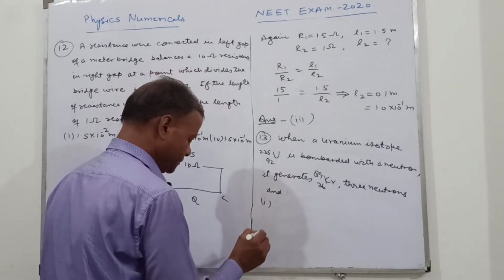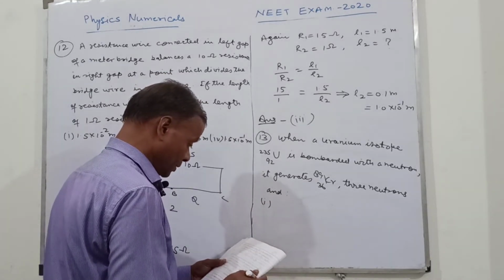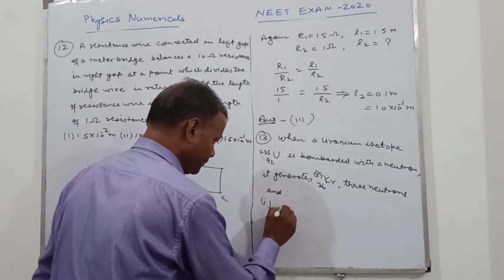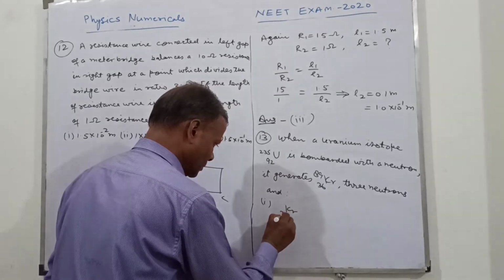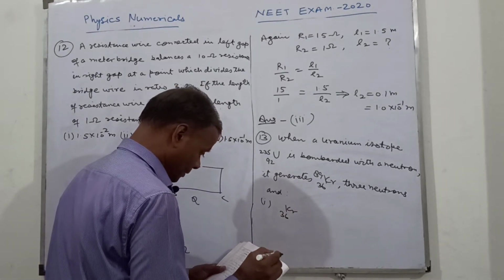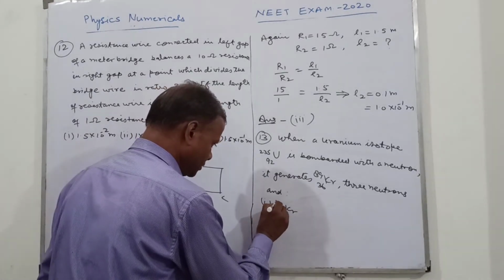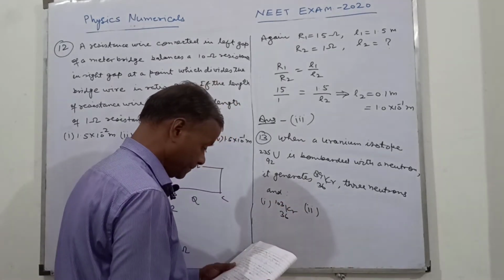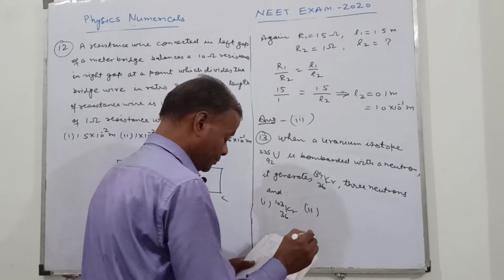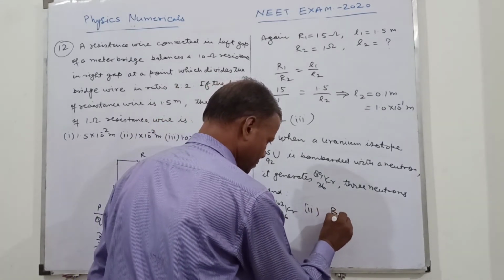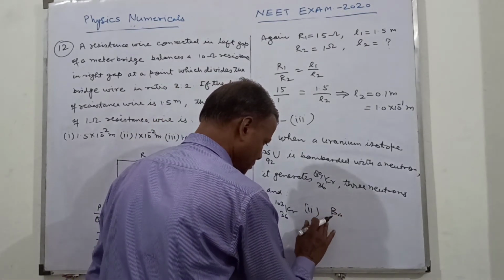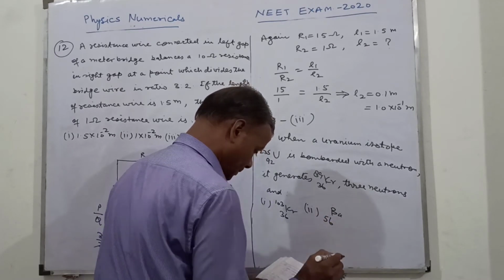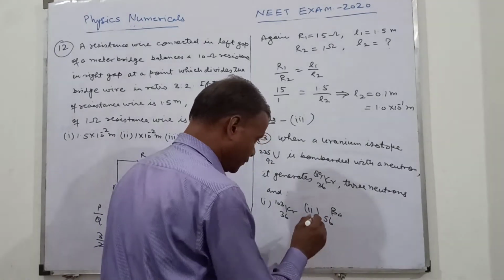The choices are: first, krypton 36 and 103. Second is barium 56, 144.